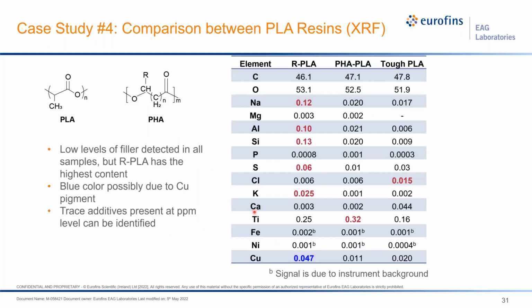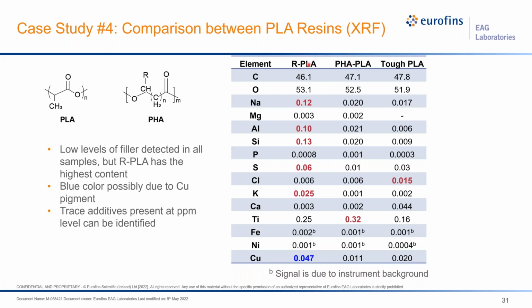Okay, now moving on to XRF. Just let me briefly say XRF is X-ray fluorescence. We shoot X-rays at the sample and get its elemental composition. We get both the bulk elements as well as the traces, and that can be really interesting for evaluating differences between various resins.